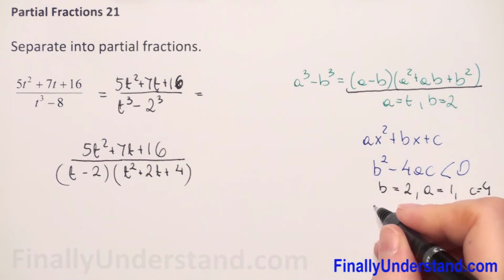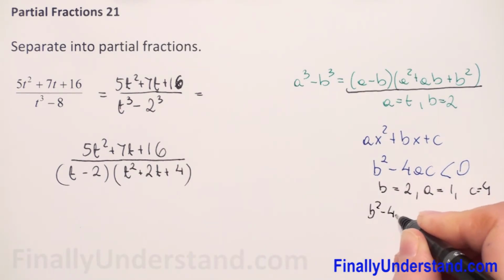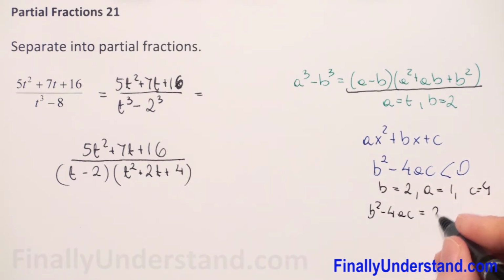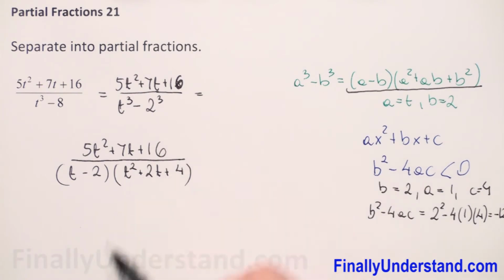So b squared minus 4ac is equal to 2 to the second power minus 4 times 1 times 4. So this is 4 minus 16. This is negative 12, which is less than 0. So it means we don't have real roots, so we will not factorize the second factor.